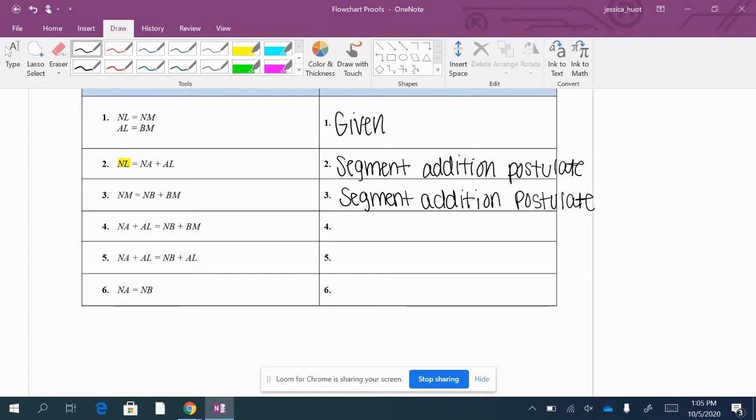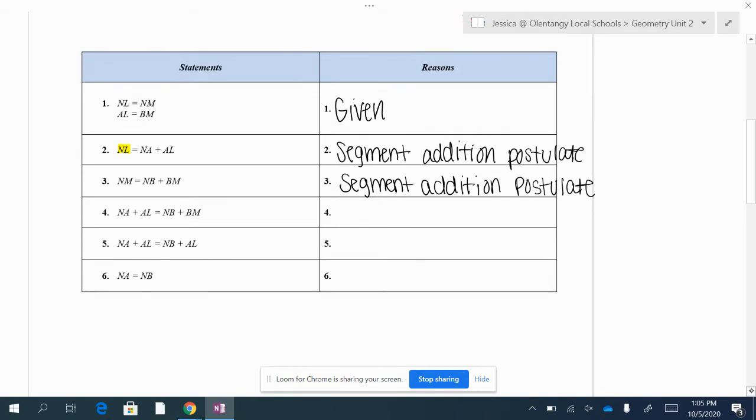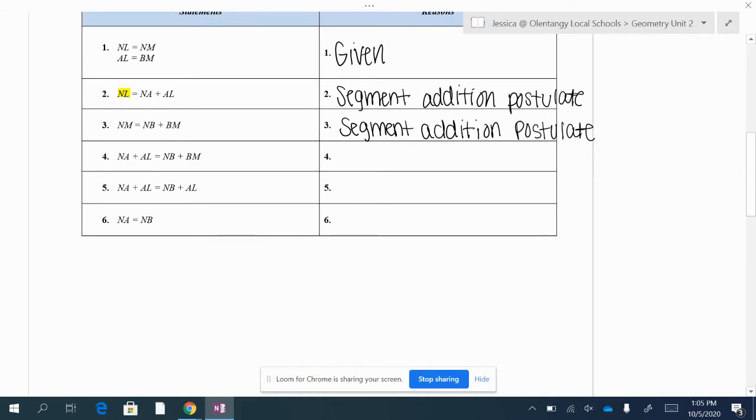How can we do that? So let's think about this. If I have NL is equal to NA plus AL, and NM is equal to NB plus BM, well, our given says that these are equal. We know that NL is equal to NM.